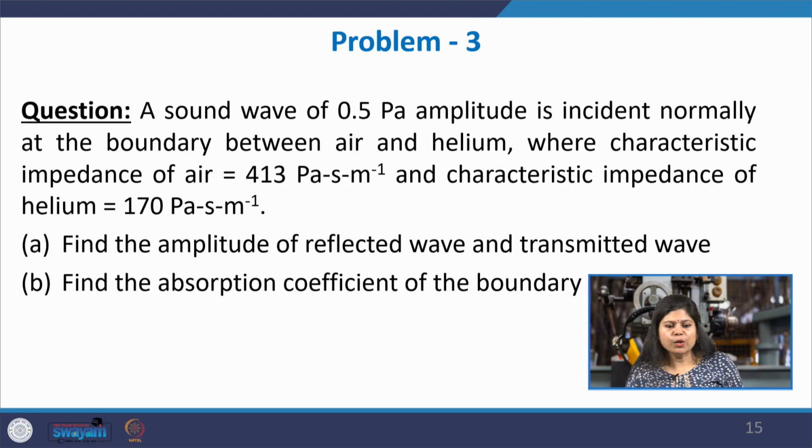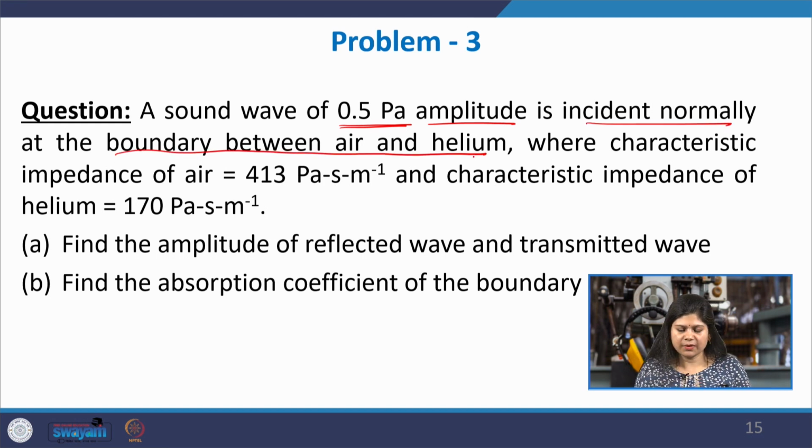Okay. Now, let us see a third problem in this situation. Here we have a sound wave of 0.5 pascals amplitude, at normal incidence at the boundary between air and helium. Now, it is not given whether it is propagating in air or in helium, but suppose the boundary is between air and helium and air is coming first.